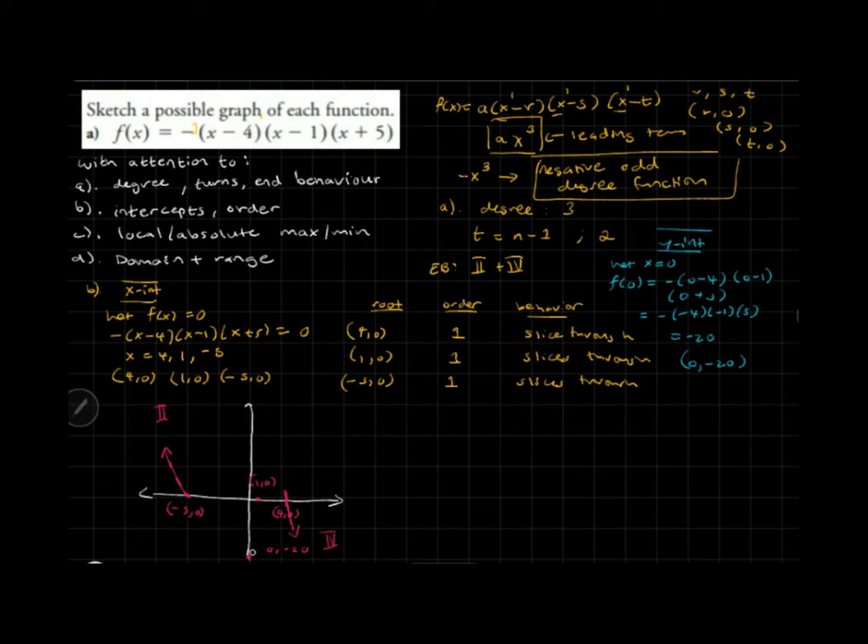And we know that it's going to hit the y-intercept, right? So there's going to be some kind of maximum point here, and we should expect 2 turns. We can assume that there's a minimum here, and there's going to be a maximum here. Now we need to find our extrema. Because this is an odd degree function, we can only have local maximum or minimum. There is no absolute maximum or minimum.